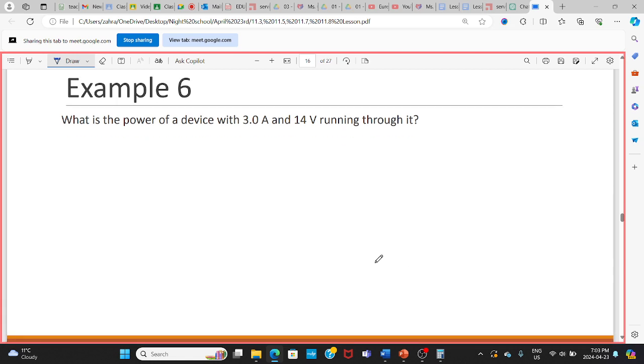Okay, this example: what is the power of the device with 3 amp and 14 volt running through it? Power again is, I have amp and also it's going to be IV, right? 3 multiplied by 14, 42.